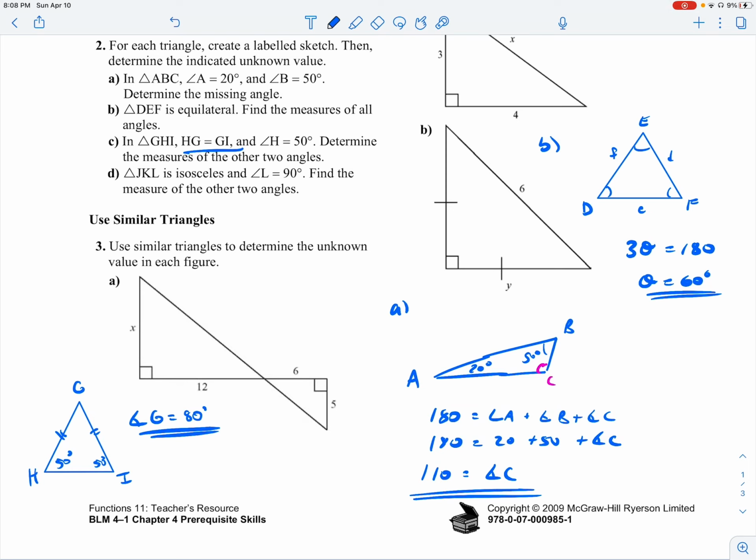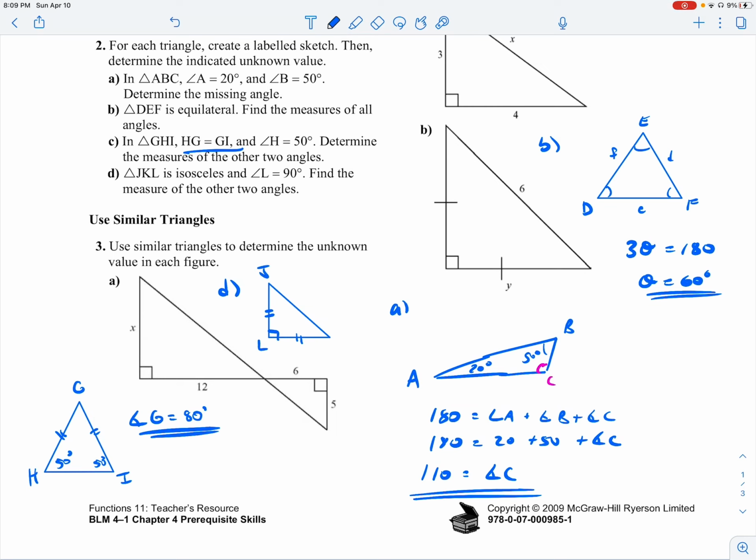Okay, we're also told that triangle JKL is also isosceles and angle L is 90. Find the measure of the other two angles. For this last one here, we have a nice right angle at angle L. We're also told that it's isosceles, so these two sides need to be the same, and angle L is 90.